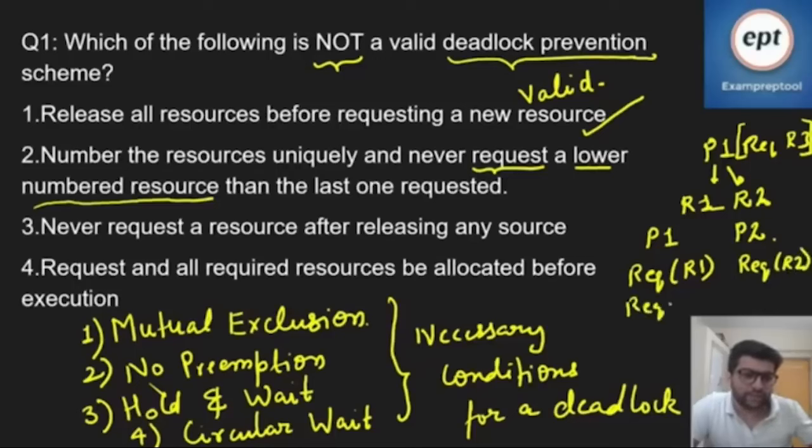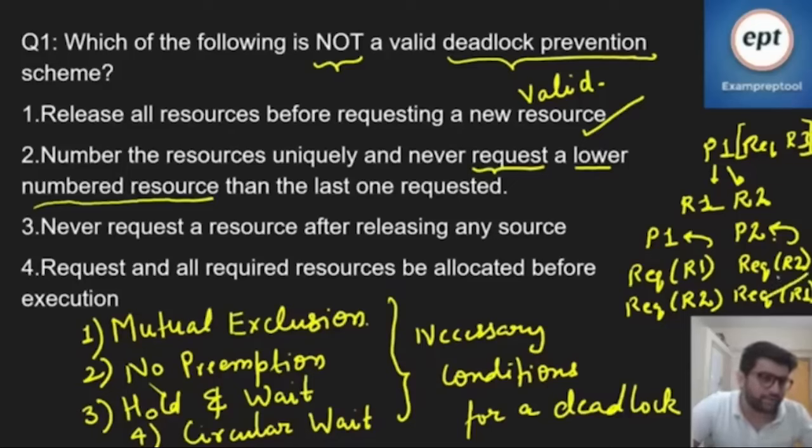Now P1 wants R2 and P2 wants R1. If P1 gets R1 and P2 gets R2, since we are not allowing a request to a lower numbered resource, P2 cannot request R1. Hence, we are avoiding the circular wait condition. Hence, this is also a valid deadlock prevention scheme.